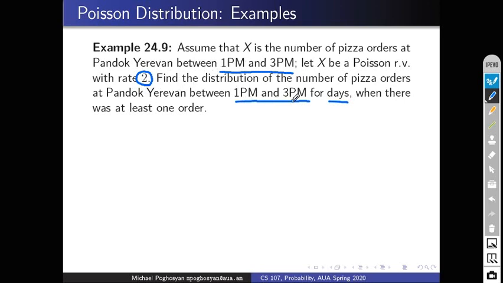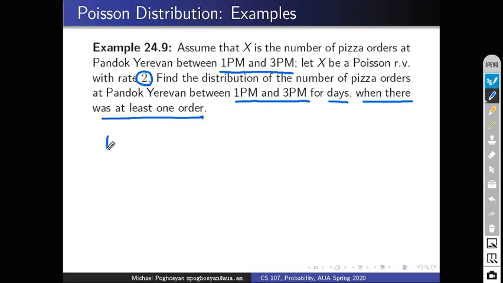But the problem is asking to calculate the probability distribution of the number of pizzas. So we will have the PMF for the days when there was at least one order. So we have some information about X.